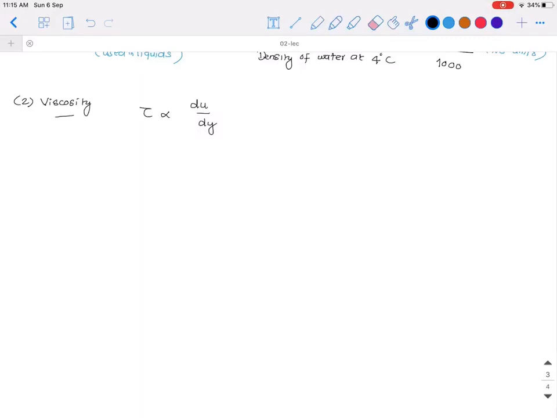Okay, and the coefficient of proportionality is the dynamic viscosity. Mu is what we call the dynamic viscosity. Okay, so fluids that obey this law are called Newtonian fluids, and this is called Newton's law of viscosity.